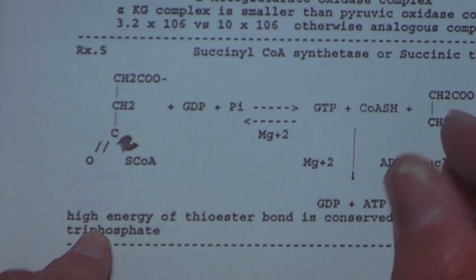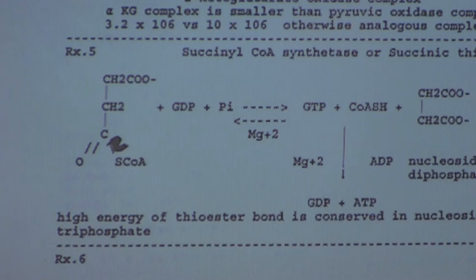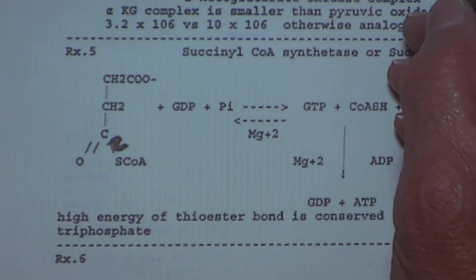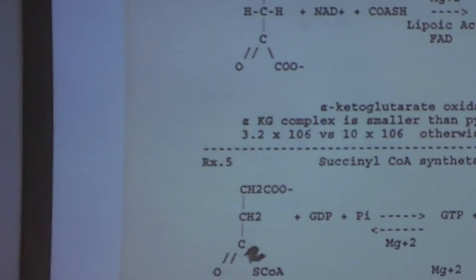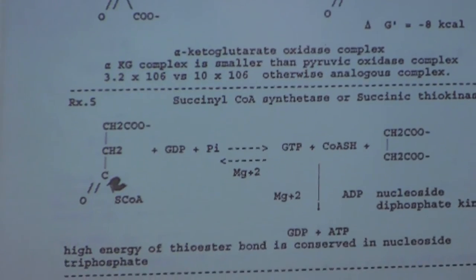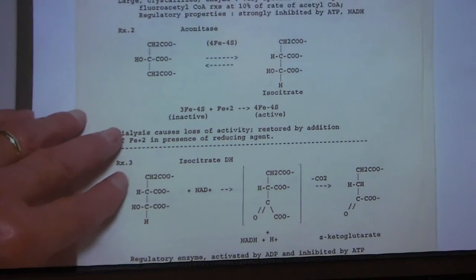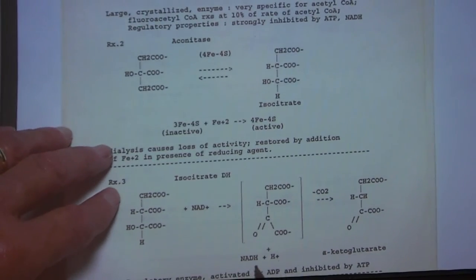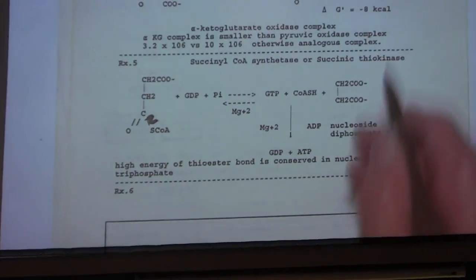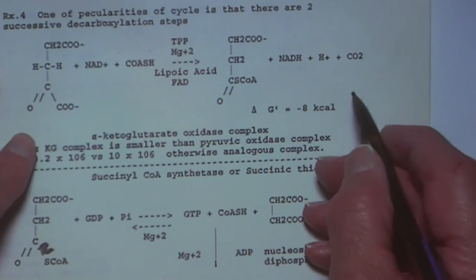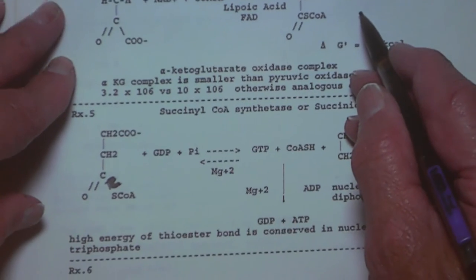So far we have made NADH here, right? We made an ATP here. And actually in the previous step we also made an NADH. So here is an NADH, step 3. This step, step 4, is another NADH. Why is it important to keep track of the NADH?